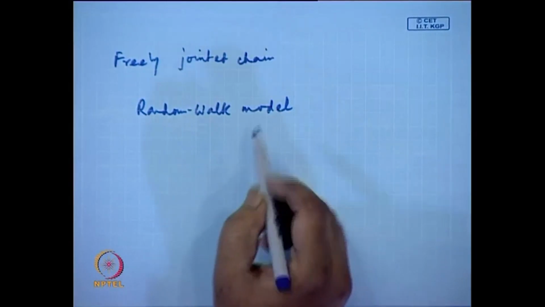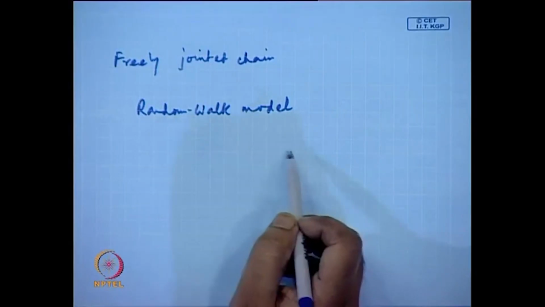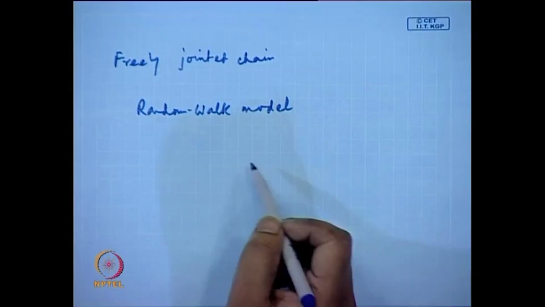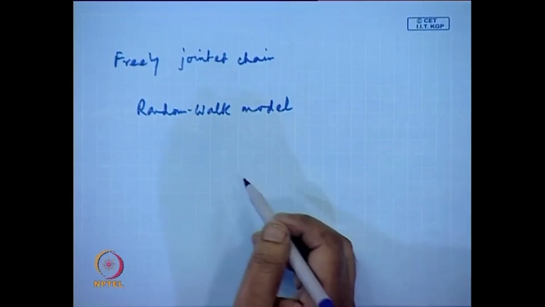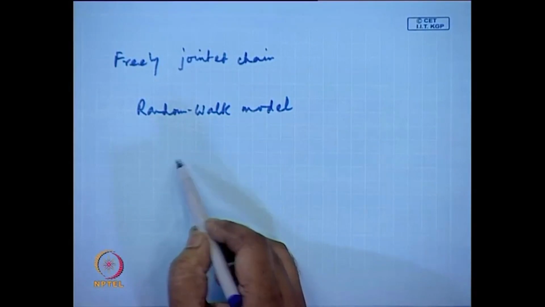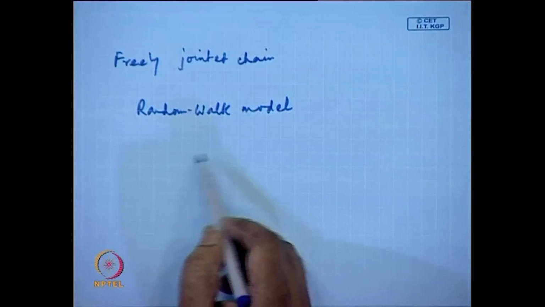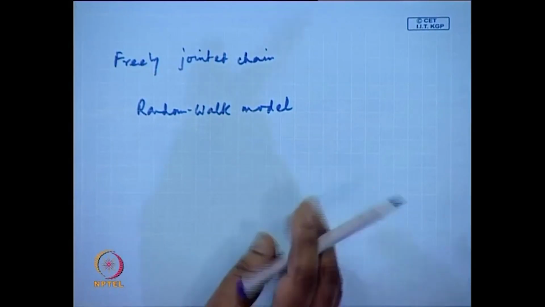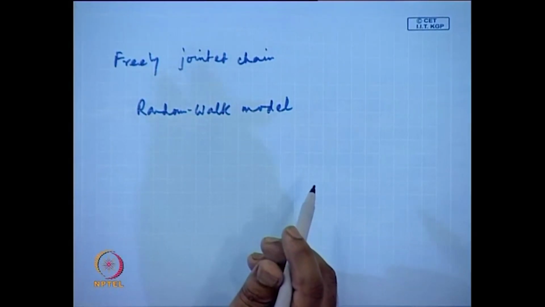But here the difference is that in the case of an ideal gas, the steps the gas molecules can take can have any value, but in this case the step the bond can take is the length of the bond.